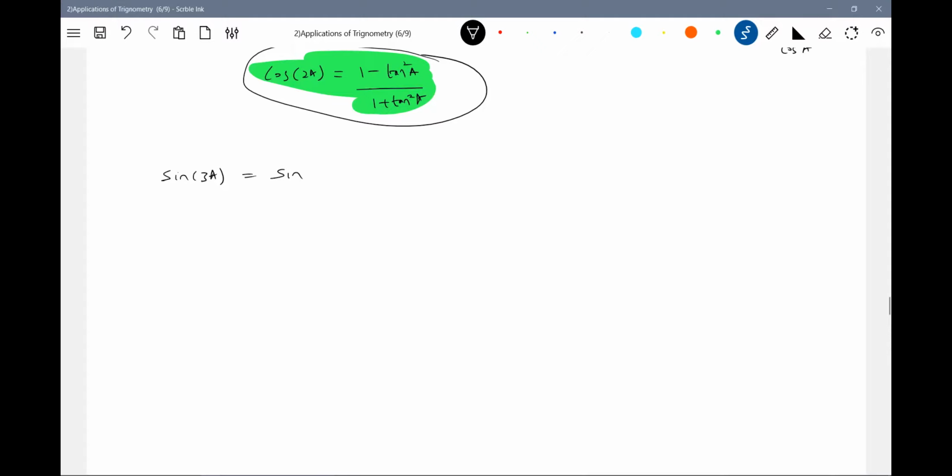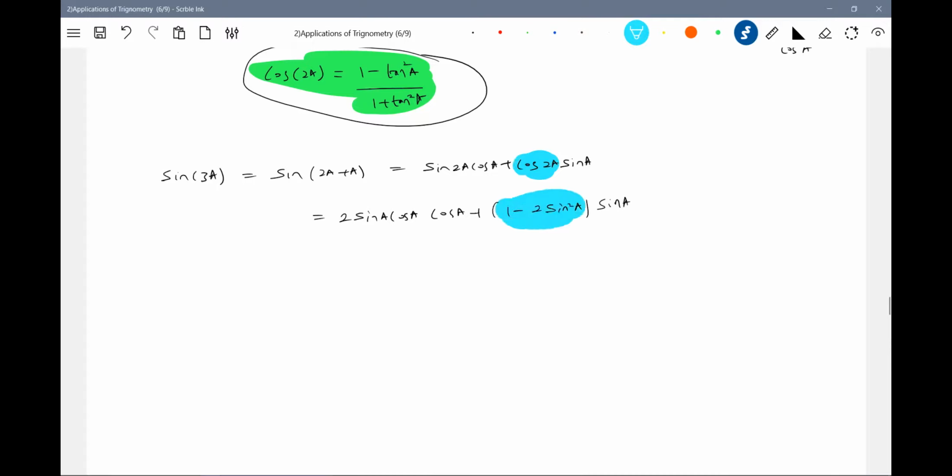We can write it as sin of 2A plus A. Then this will become sin 2A cos A plus cos 2A sin A. Sin 2A is 2 sin A cos A, and cos 2A I'll write as 1 minus 2 sin square A, into sin A. So we have done some replacement like this.